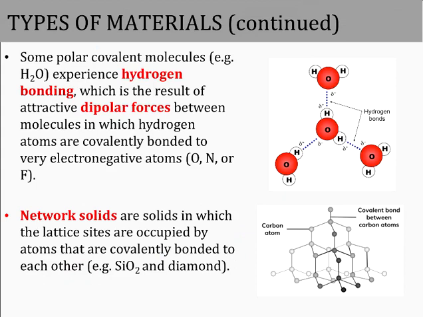So to summarize that, if you have a nitrogen-hydrogen bond in a molecule, or an oxygen-hydrogen bond, or a fluorine-hydrogen bond, those are all hydrogens that can experience hydrogen bonding.